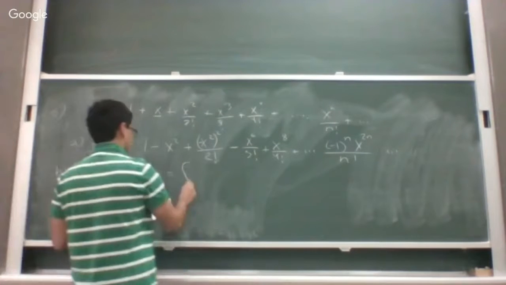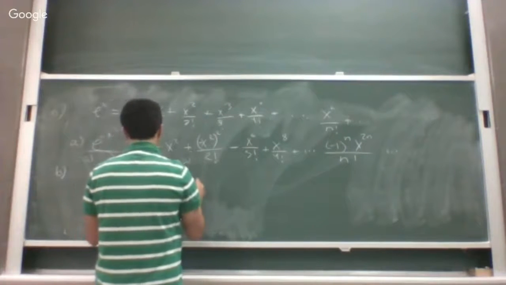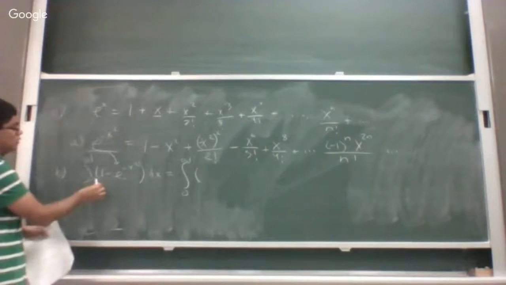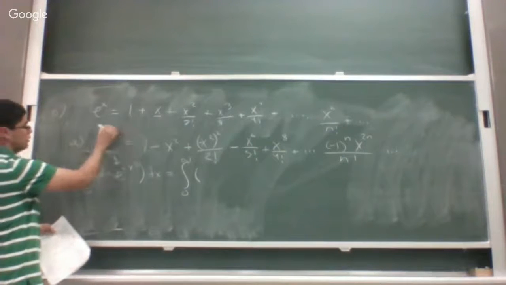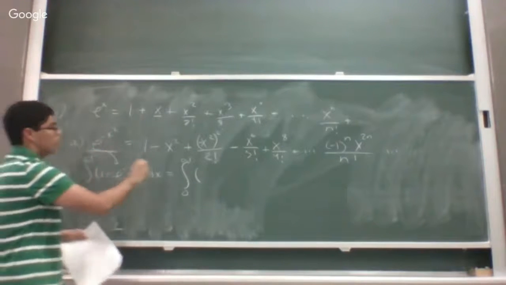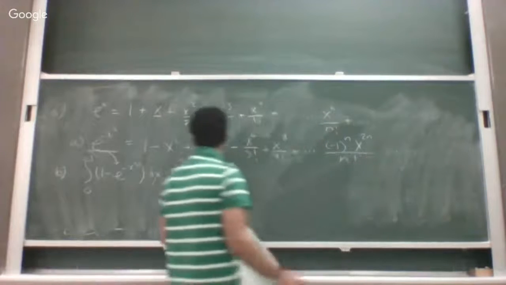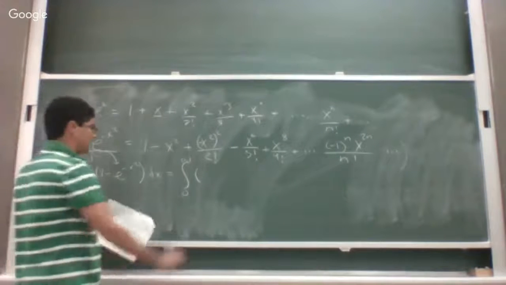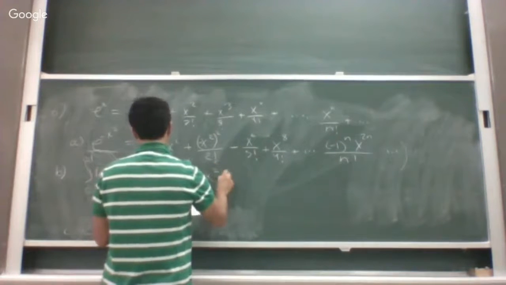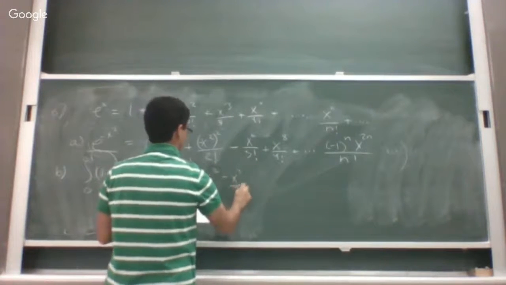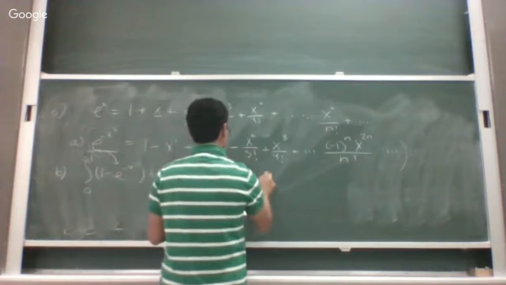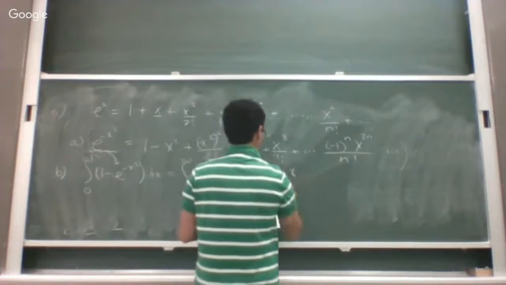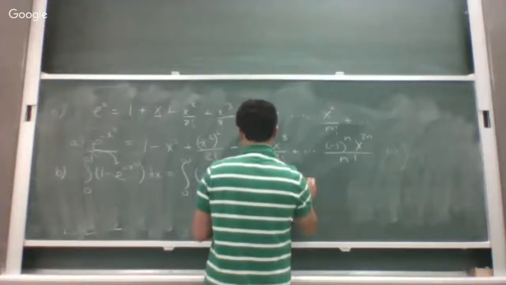So then we have the integral from 0 to 0.1 of 1 minus, so then we are subtracting all of A. So then these ones cancel out. So then we have x squared minus x to the 4th over 2 factorial, plus x to the 6th over 3 factorial, minus x to the 8th over 4 factorial, dot dot dot.